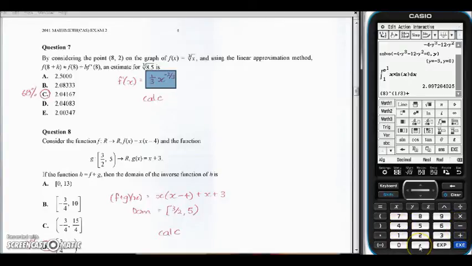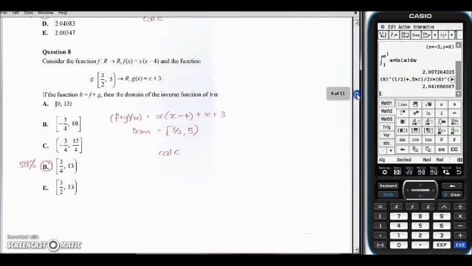Plus 0.5 multiplied by 1/3 times 8 to the power of negative 2/3. Again, I'm using lots of brackets. I just think it's a good idea, even if you don't always need them. So there's the answer, 2.04167, which was C.